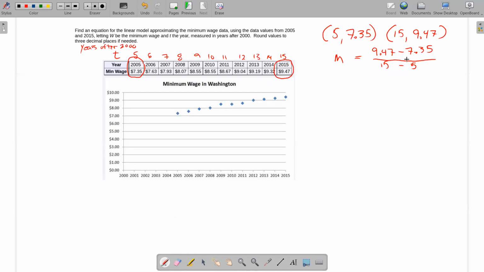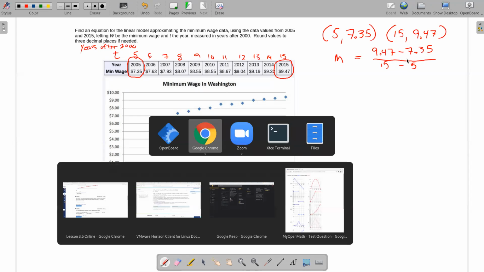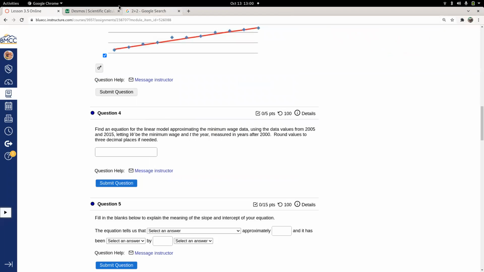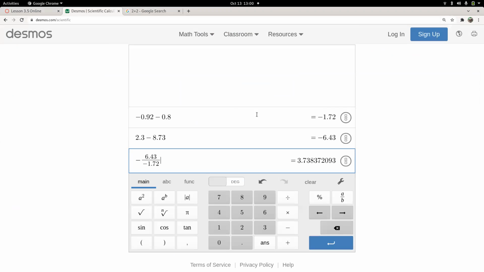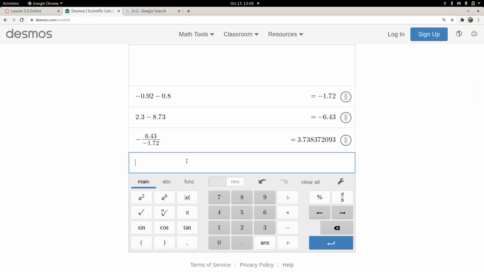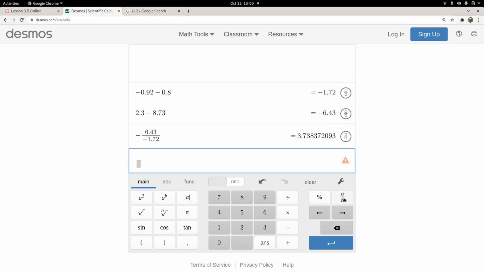I'm going to throw this into a calculator. Make a note to myself, 9.47, 7.35. All right, calculator. Let's use Desmos. Desmos is nice for things like that because you can say, hey, I got a fraction, and then just type your numbers.